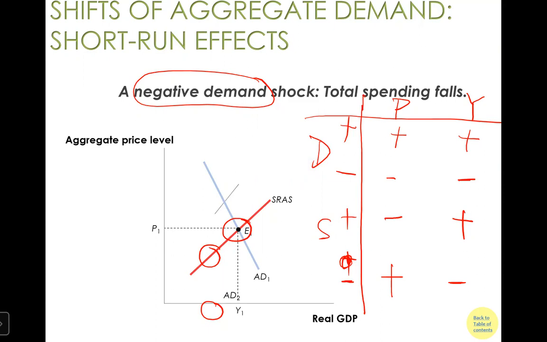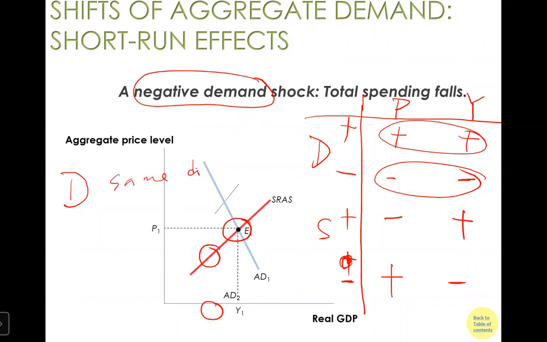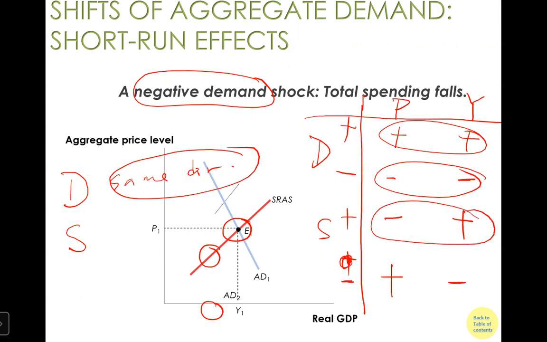If we are hit by a demand shock, whether positive or negative, what we're going to see is that both the price and output are going to move in the same direction. Right? So in the same direction if it's a demand shock. But on the other hand, if it is a supply shock, they are going to move in the opposite direction.